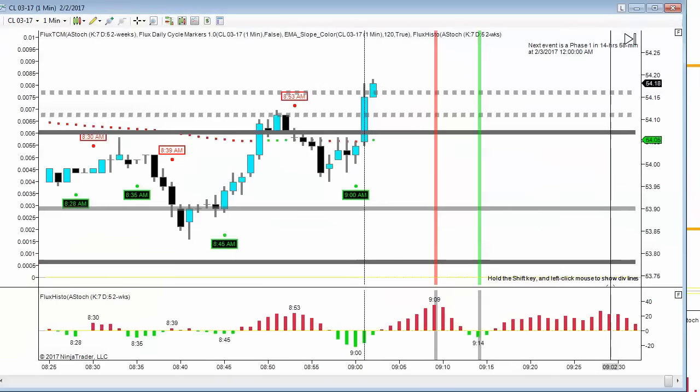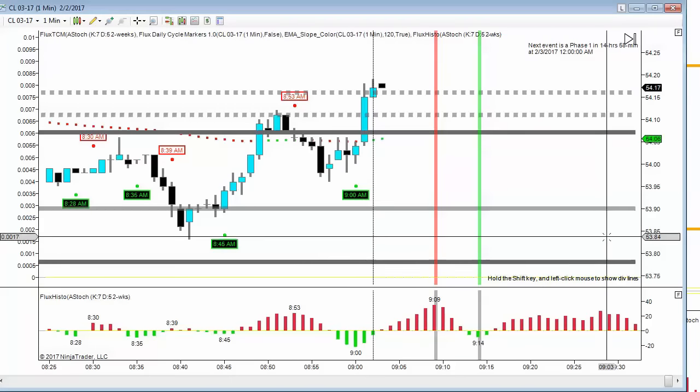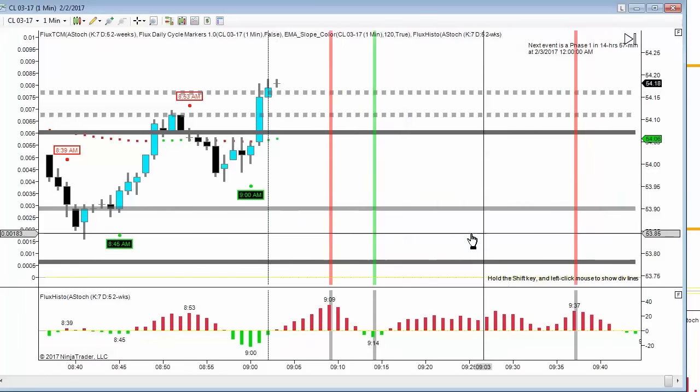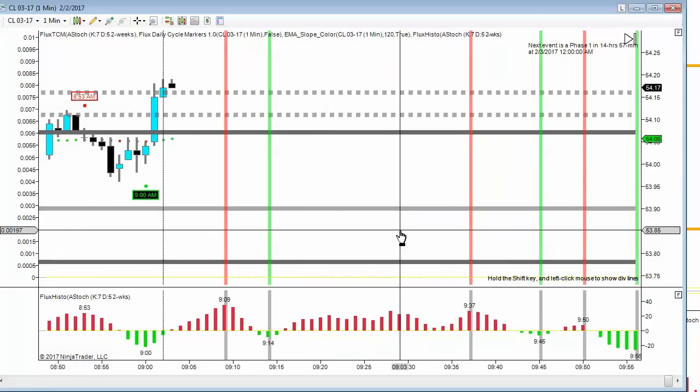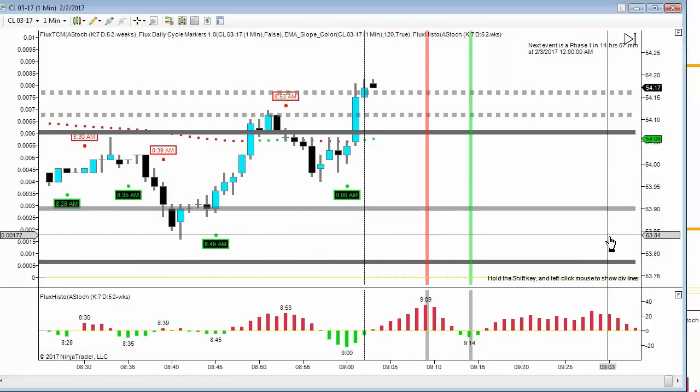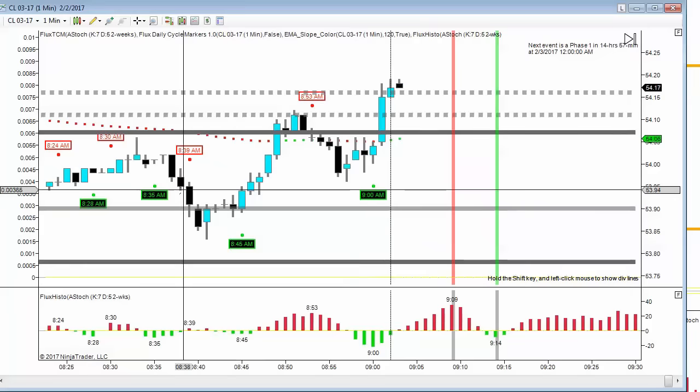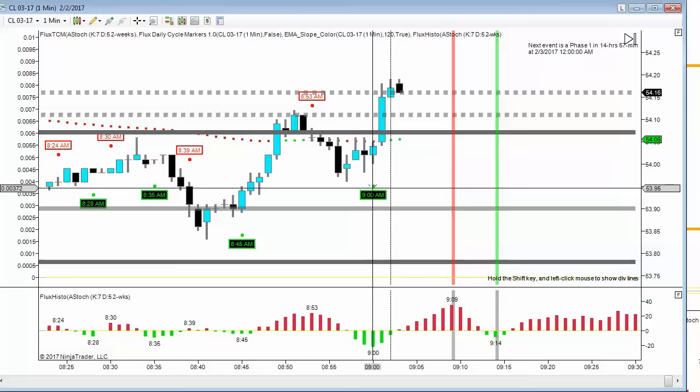If you don't have the Flux Professional software, I almost feel a little sorry for you, because we're able to see out into the future when those next buying pressure and selling pressure times are coming off to the right hand side of the chart. And that gives me some really advanced notice to let me know when to be waiting for my short-term trigger confirmation signals.